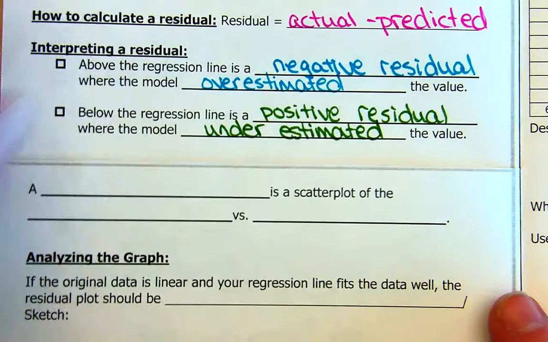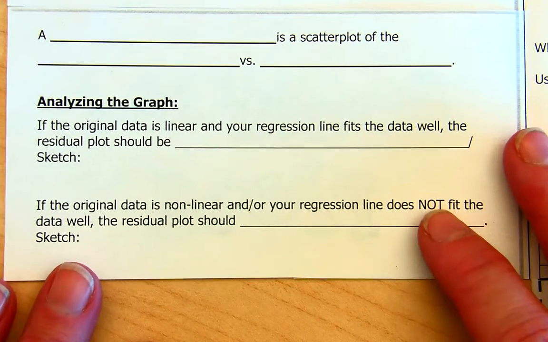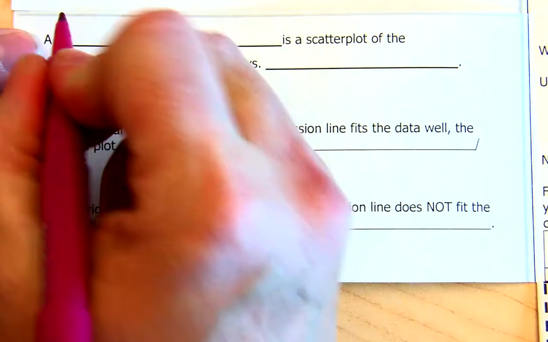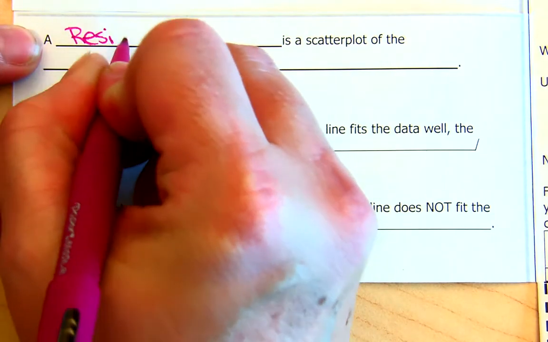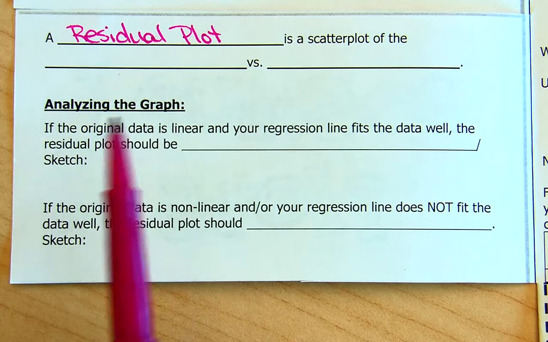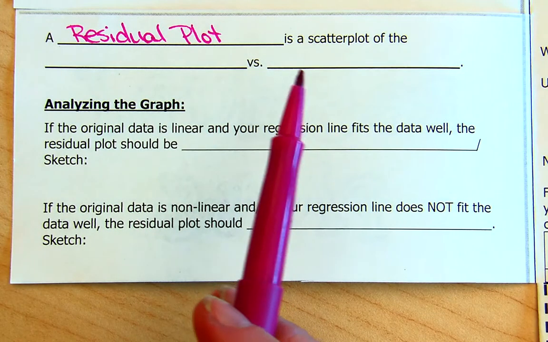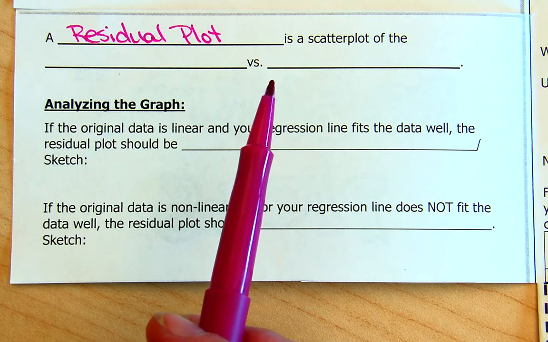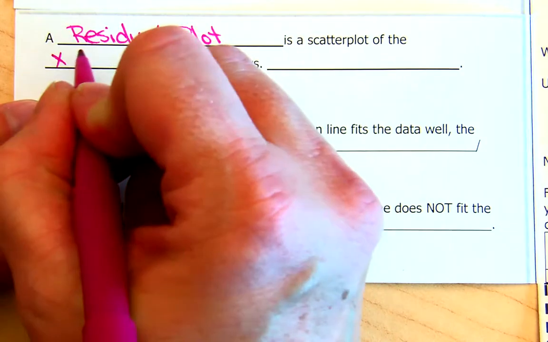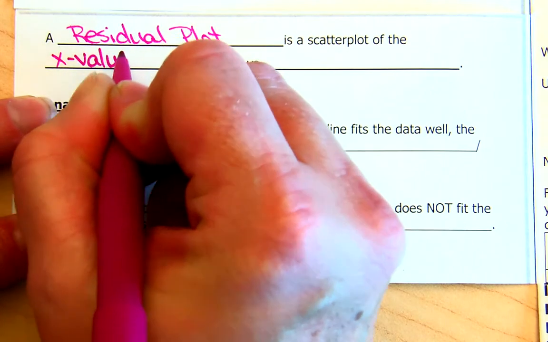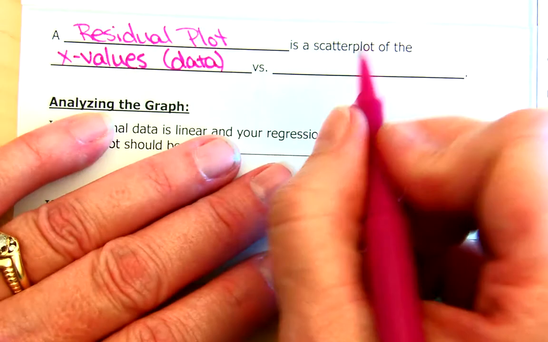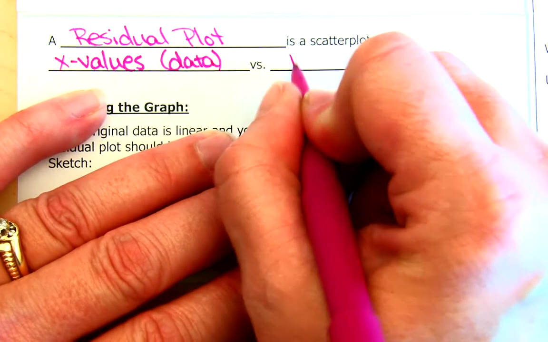On our next part, we're talking about a residual plot. This is kind of where we're going to be focused today. A residual plot is a scatter plot. So on your calculator, you're going to use the scatter plot setting for the type of graph. We use the x values of our data, and the y values will be the residuals.